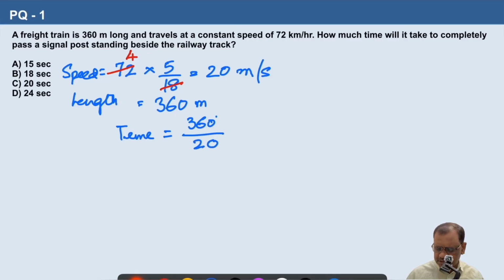So this is 360 divided by 20, which is 18 seconds. This is the time taken for the train to cross the signal post. B is the correct answer.